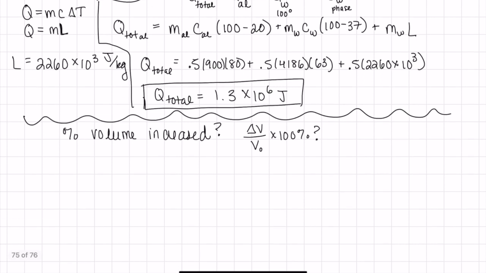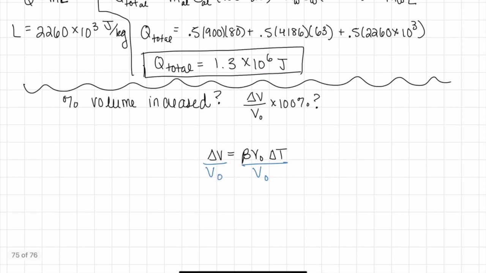If we look at our equation for volume expansion, that is delta V equals beta V0 times delta T. So we could divide out our V0 and multiply both sides by 100% to get the answer in the format they're looking for. But I'm just going to leave it as delta V over V0 for the moment. So delta V over V0 is going to be beta times delta T.